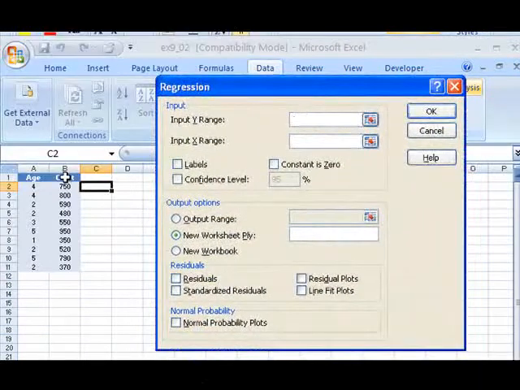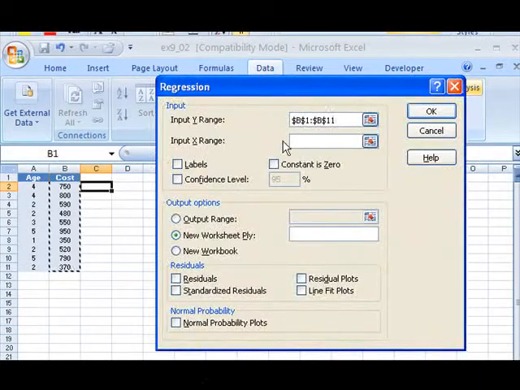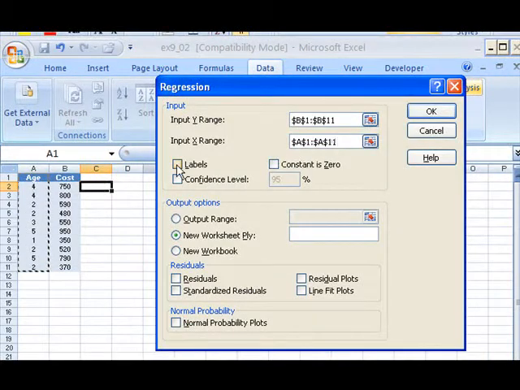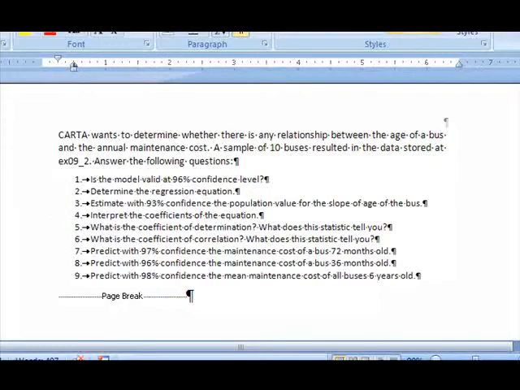Y range will be cost, X range will be age. Always remember to check on labels because we're showing labels. Confidence level. This confidence level is only for the question about estimating the population slope.